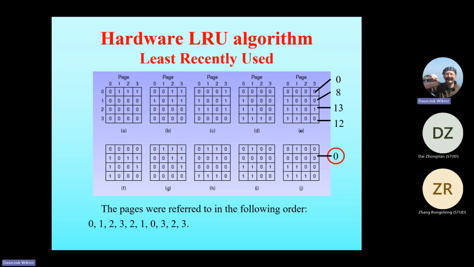Here we have the row with all zeros, so the value is 0. This page was least recently used. Let's look from the last. Number 1 was recently used. Yes, number 1 has zeros. It's quite clever. However, it was used for smaller sizes of memories.